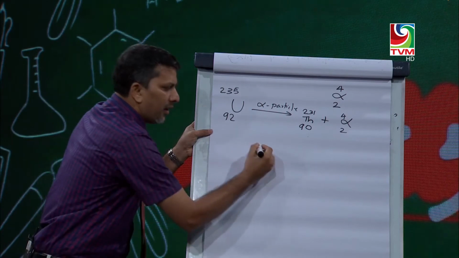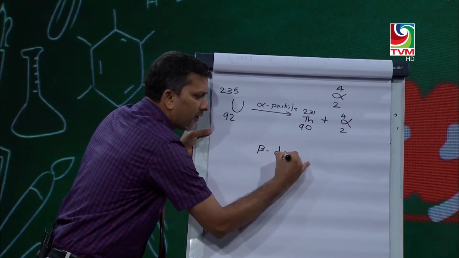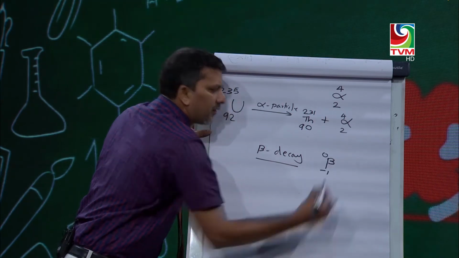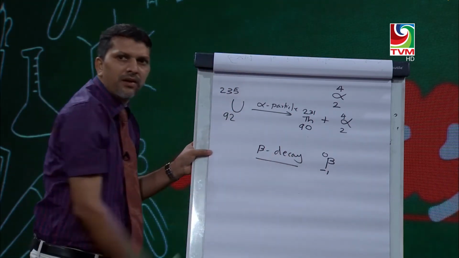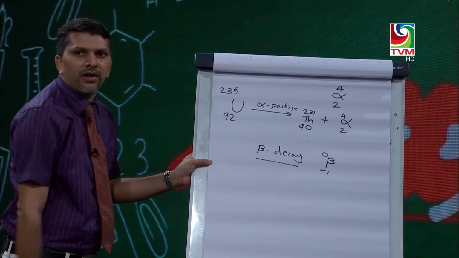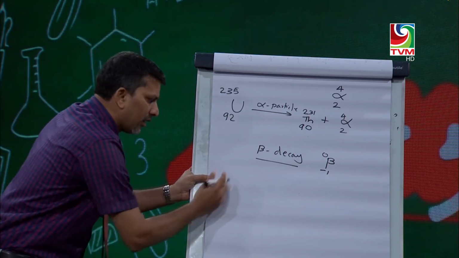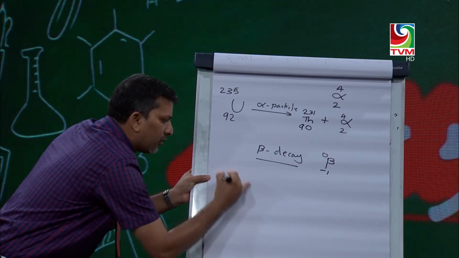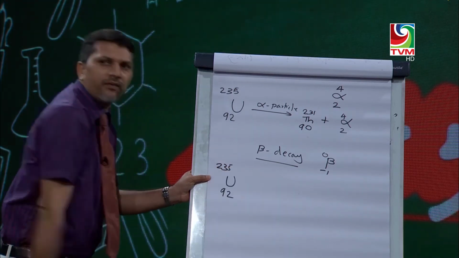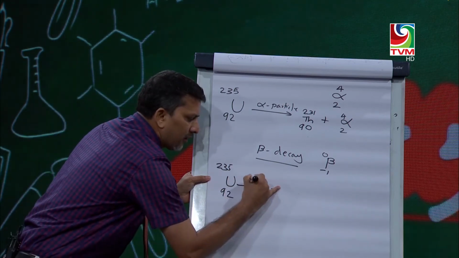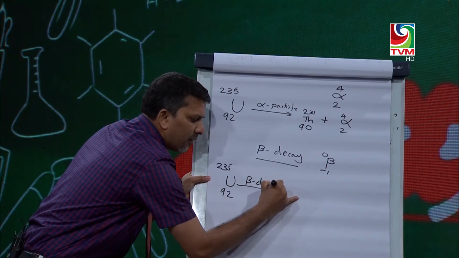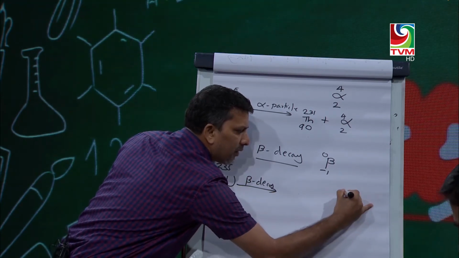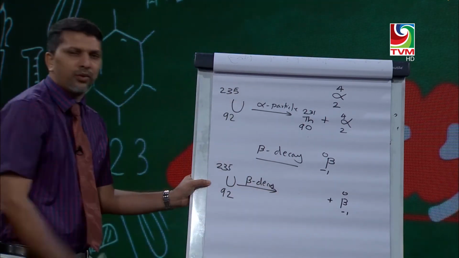Then beta decay. This is the beta symbol. When a beta decay occurs, what changes can we see? For example, the same uranium 92, 235. A beta decay occurs, so one beta particle is going out from this nucleus.